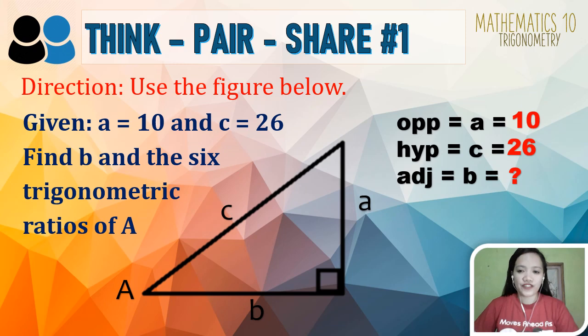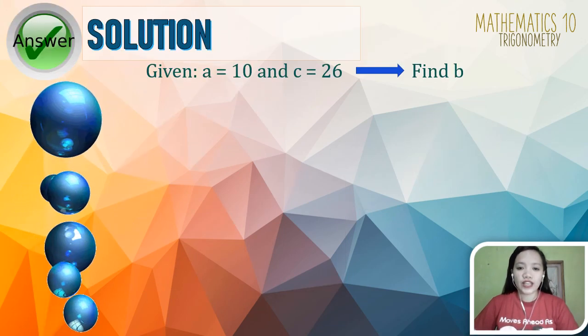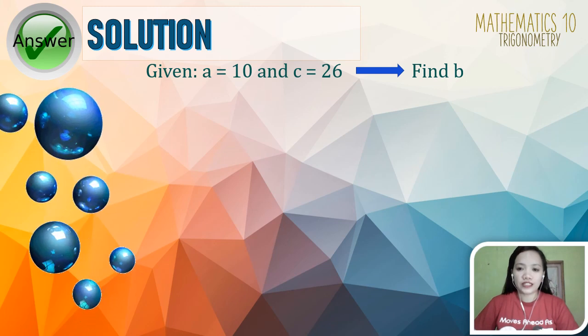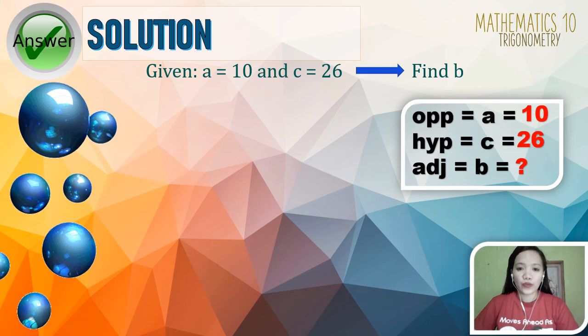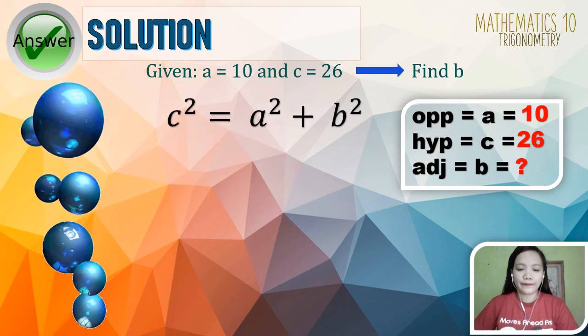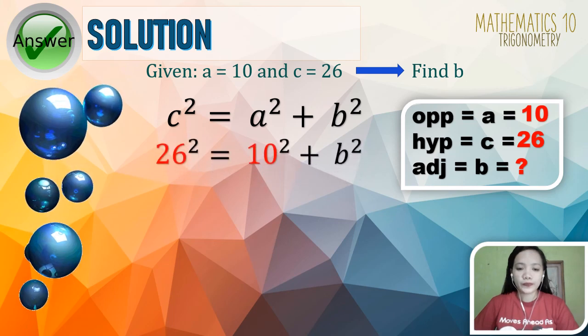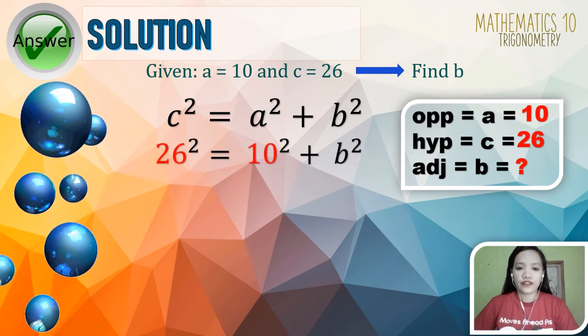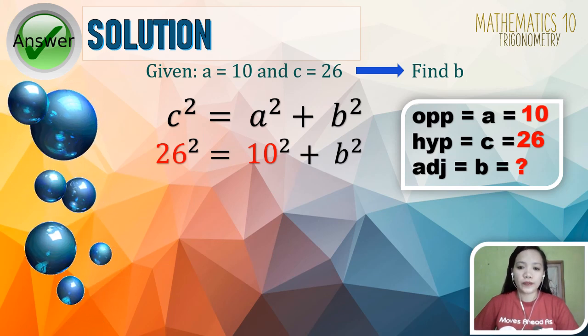And that is our first task. So here, given A equals 10 and C equals 26, find B. So, we use the Pythagorean theorem. C squared equals A squared plus B squared. Now, substituting in the given formula, we have 26 squared equals 10 squared plus B squared.